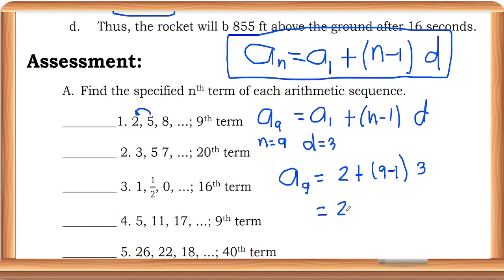This is 2 plus 9 minus 1 is 8 times 3. Therefore, yung a sub 9 natin is equal to 2 plus 8 times 3, which is 24. So, 24 plus 2, that's 26. So, yung sagot dito is 26.